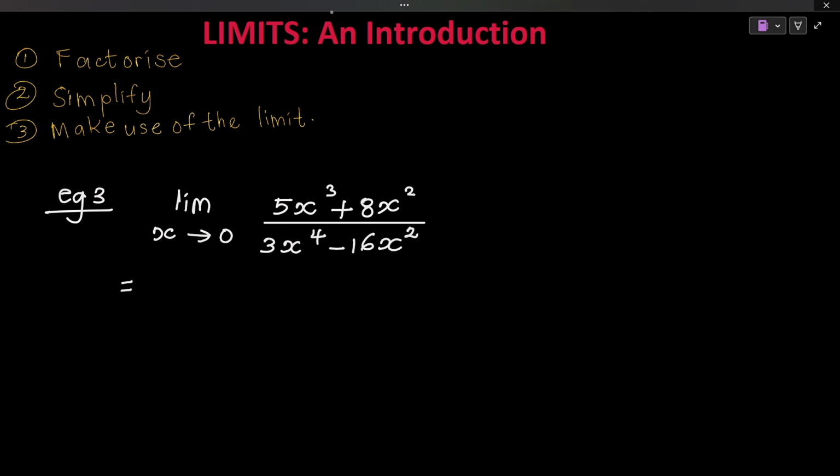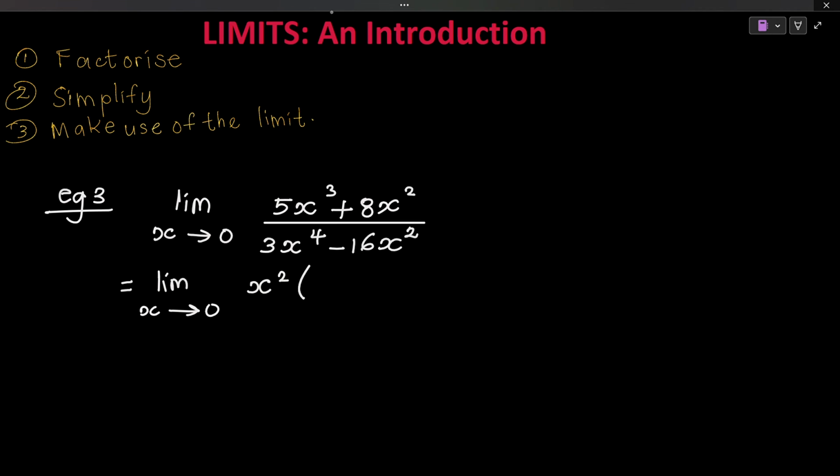Right, so our first step is to factorize. Now, we do not notice any particular format for the numerators and denominators. However, our terms do have common factors within themselves. So if we look at the numerator, we've got x squared that is common, and in the denominator as well. So let's start off by making use of step 1, which is factorize.